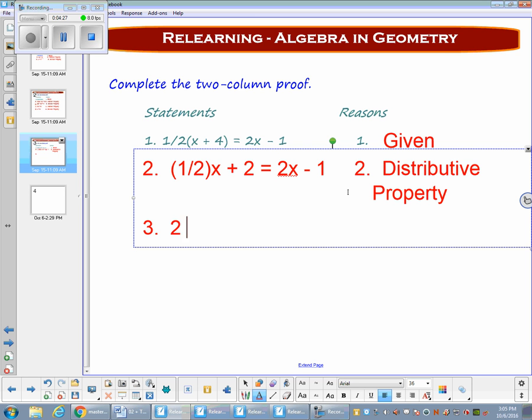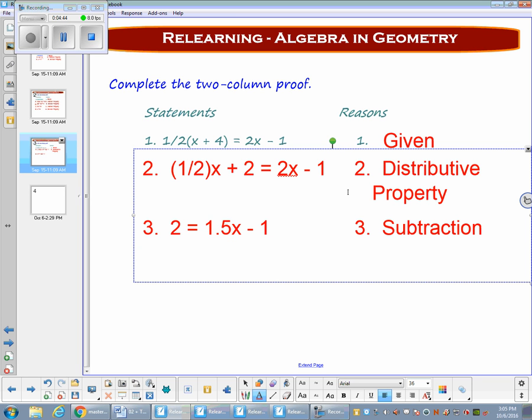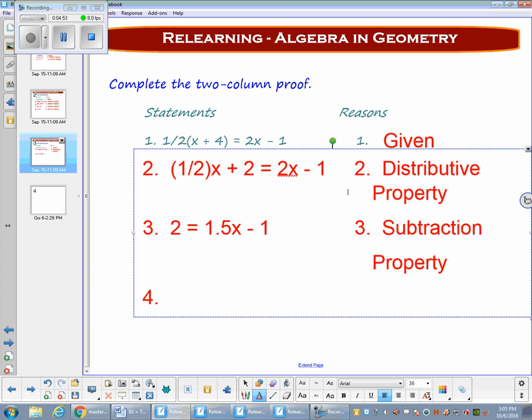So then 2 would be left on that side. And there 1.5x minus 1 would be on the right because I took 2 minus 1/2 x. And that would be the subtraction property. And now I would add 1 to both sides, so 3 equals 1.5x.